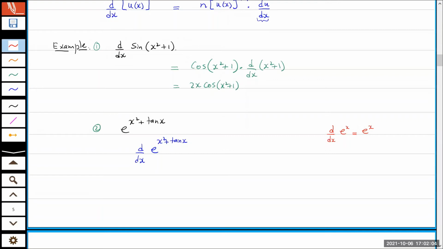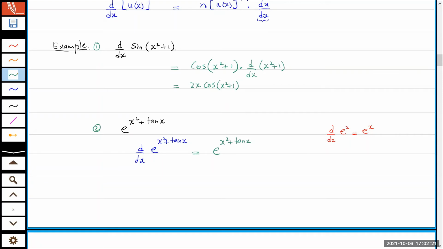I'm not going to bother about x squared plus tan x. I'm just going to write, using this derivative, e to the x squared plus tan x, because the exponential is the first thing that is coming in my way.